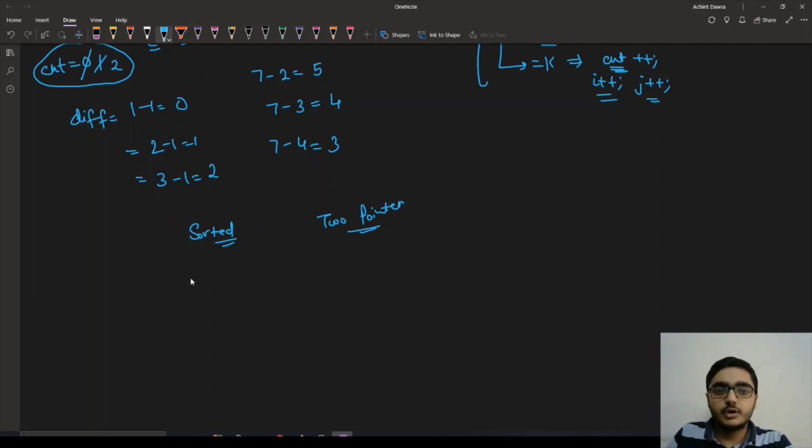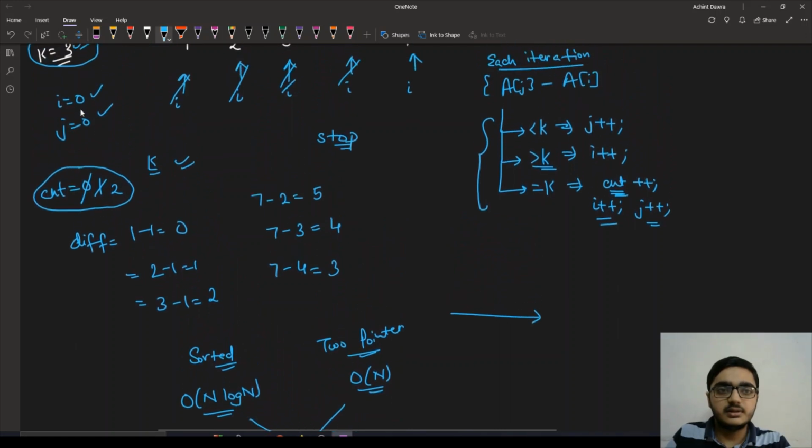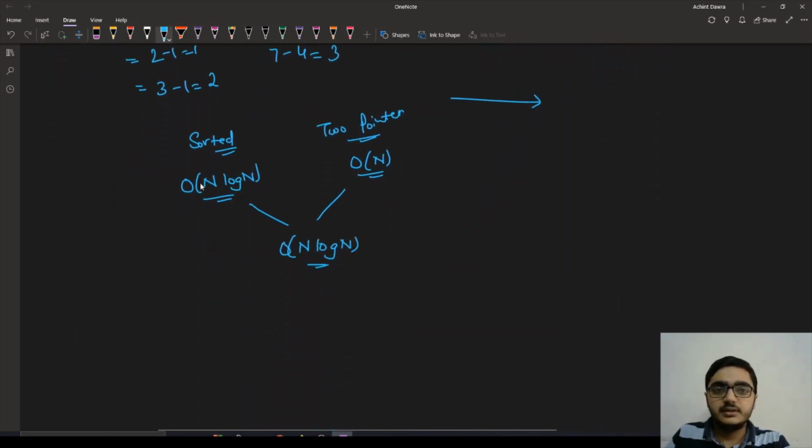To sort the array, the time complexity was O of n log n, and in the two pointer approach we iterated through the array in a linear fashion, so we took O of n time. So the overall complexity of our solution is O of n log n, and we only used three variables, i, j and count, and didn't use any extra space. So the space complexity of our solution is O of 1.